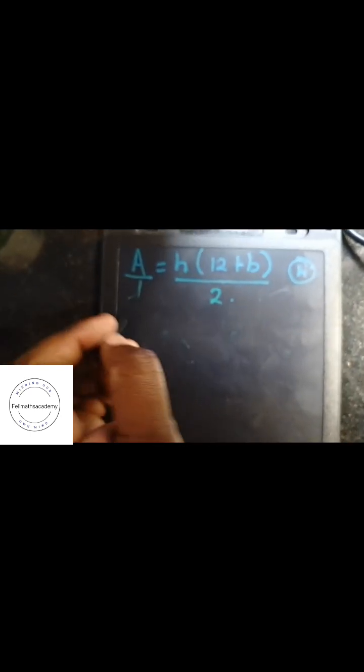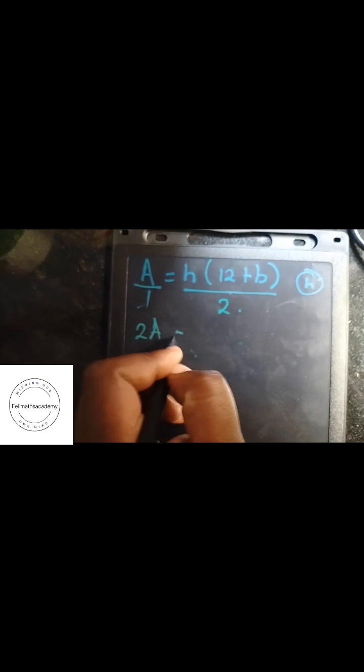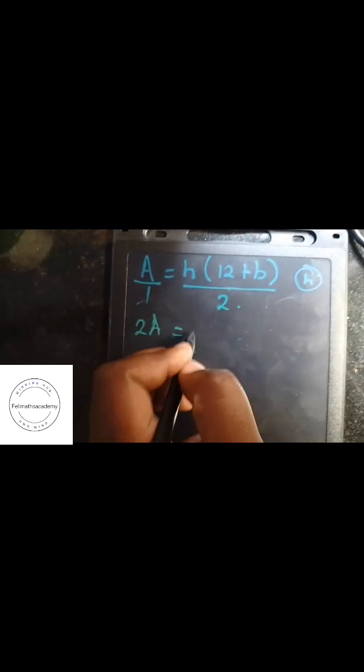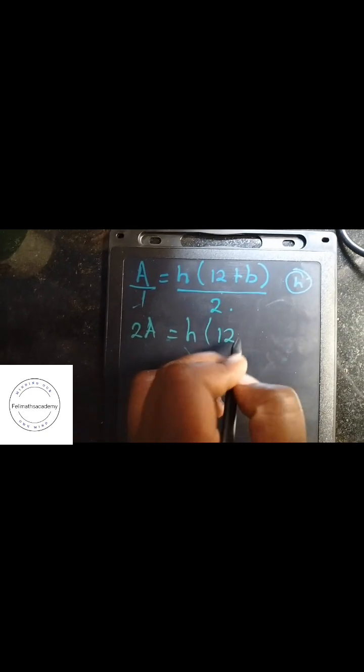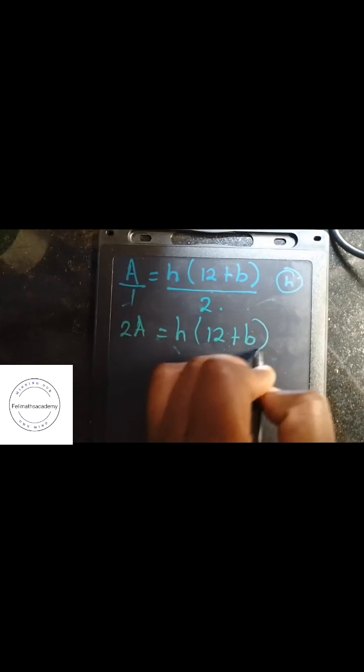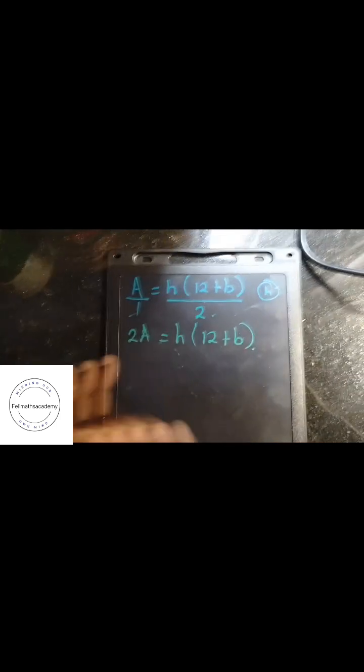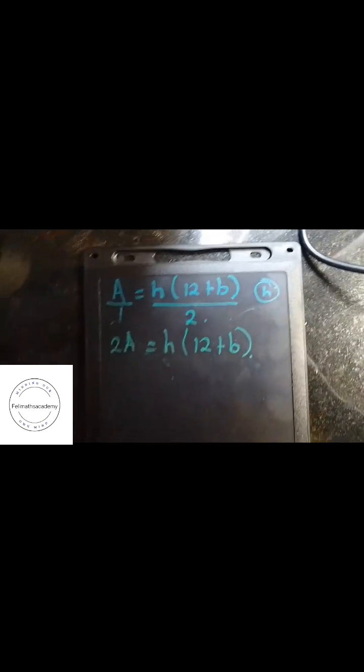A multiplies by 2, so it's 2A is equal to 1 times H, it's H multiplied by 12 plus B. Right, remember we want to make H the subject there.